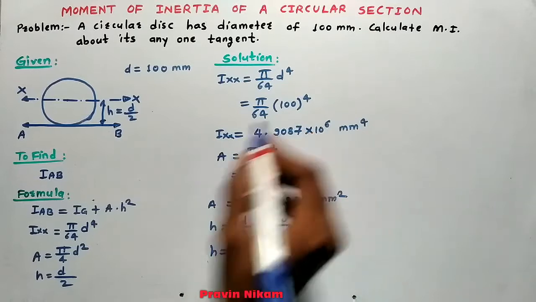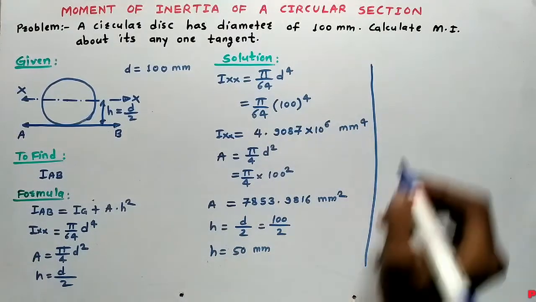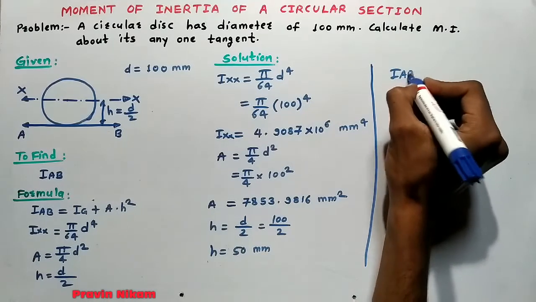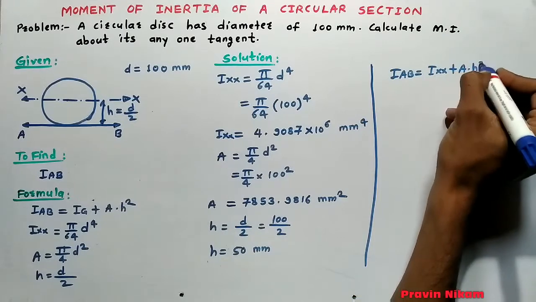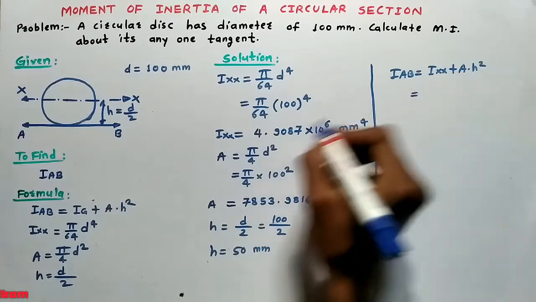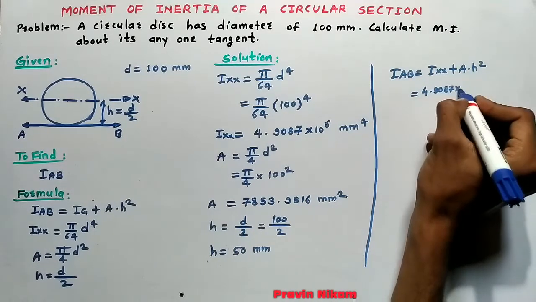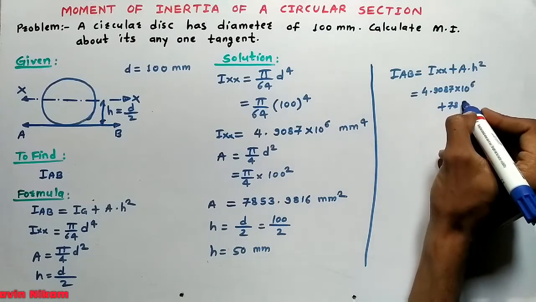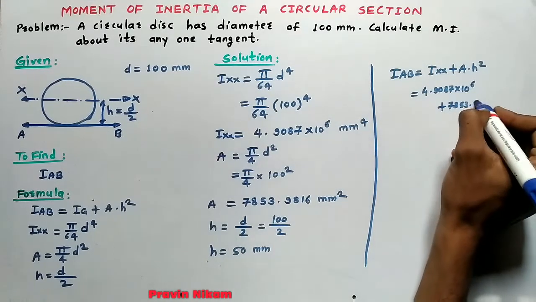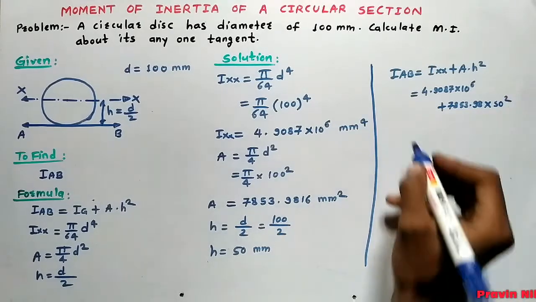Now put all these three values in this equation and you will get the answer. IAB is equal to Ixx plus A into h square. Ixx is 4.9087 into 10 raised to 6 plus area 7853.98 into h, 50 square.